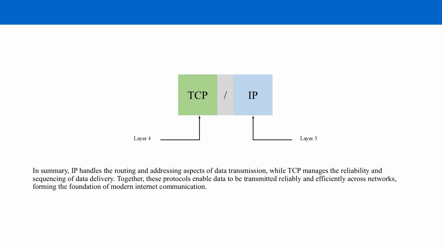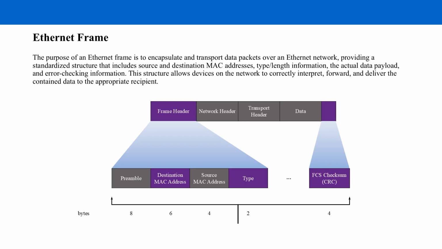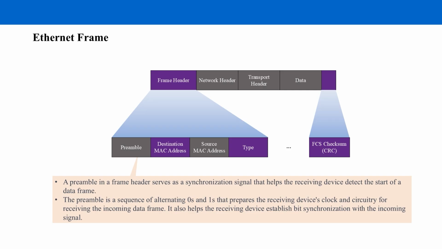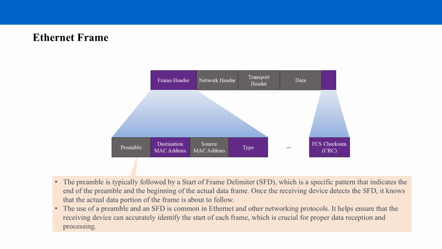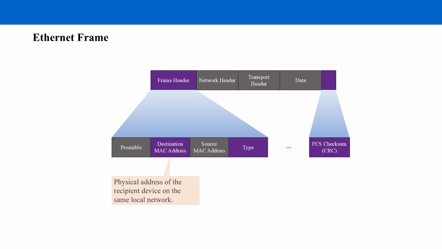So this is a review session. Here shows the Ethernet frame. The whole horizontal row, that is the frame. The frame header is on the first field. If you look closer, there are subframes. The first subframe inside the frame header is the preamble, followed by the destination MAC address, source MAC address, and also the type.